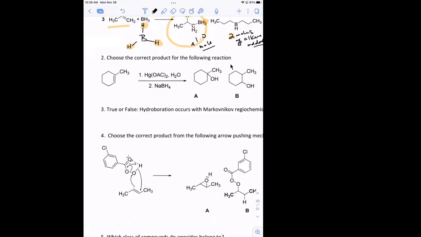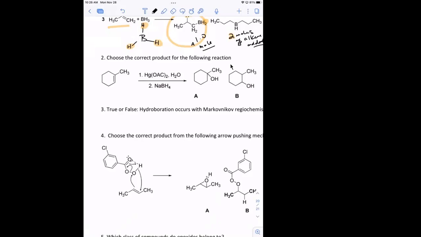This one should click right away. Oxymercuration, which results in what? It's a way to turn alkenes into what? Alcohols.